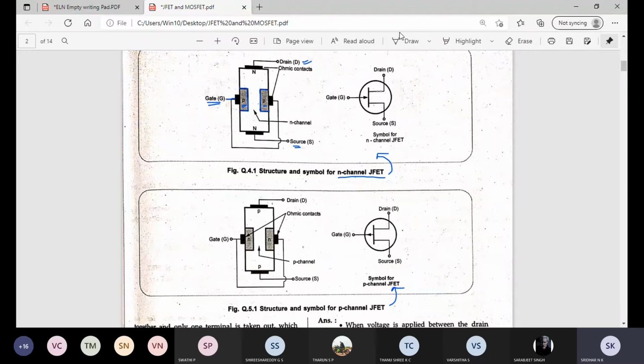Upon it, a heavily doped N type semiconductor is diffused on the two sides, shorted to form the gate. The P type at the top is the drain, and the contact at the bottom is the source. Can you differentiate the N channel and P channel JFET structure? Are you able to differentiate now?